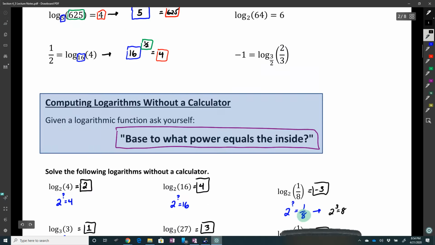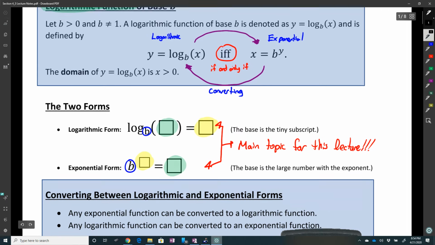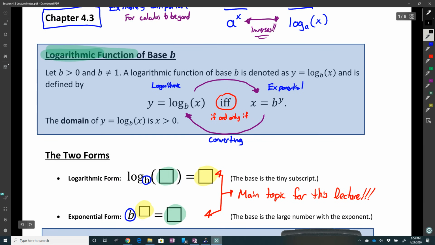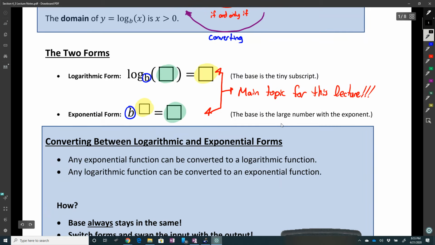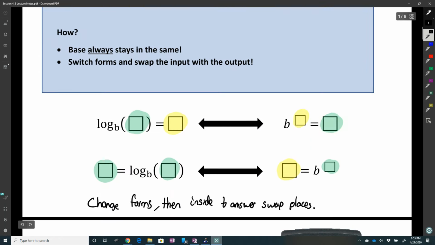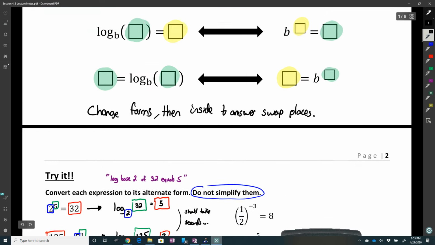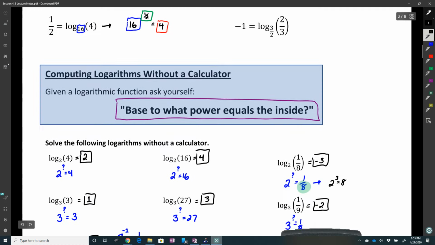So, there's a lot of stuff covered in this section, so a quick recap. Logs, you need to know how to switch forms. So any exponential can be converted to a log. Any log can be converted to an exponential. All you got to do is keep the base, switch forms, but keep the base the same. And then the inside and answer are going to swap places. Okay?